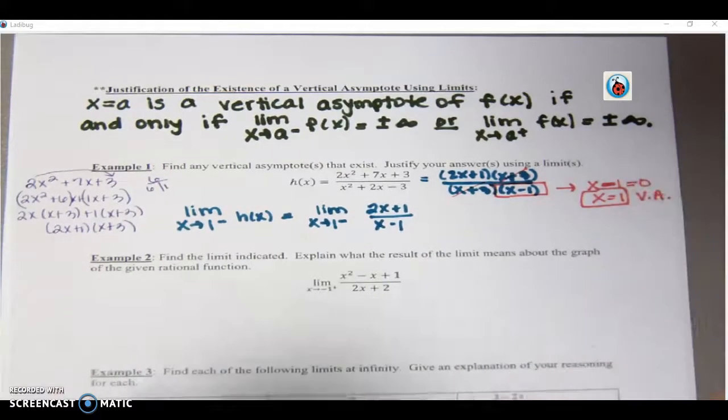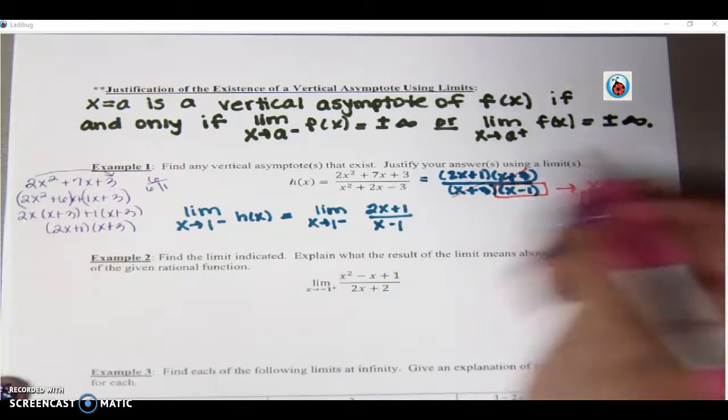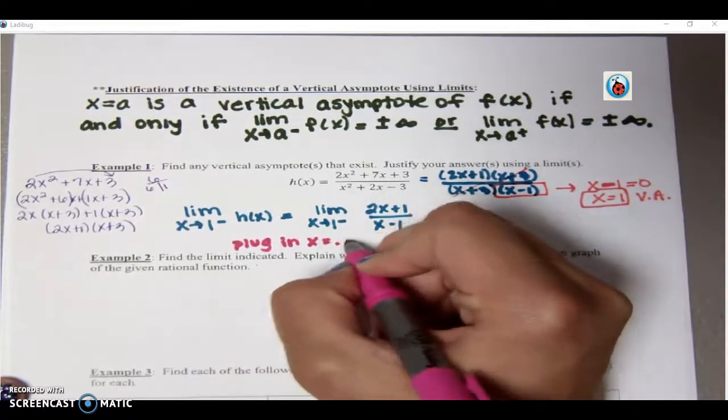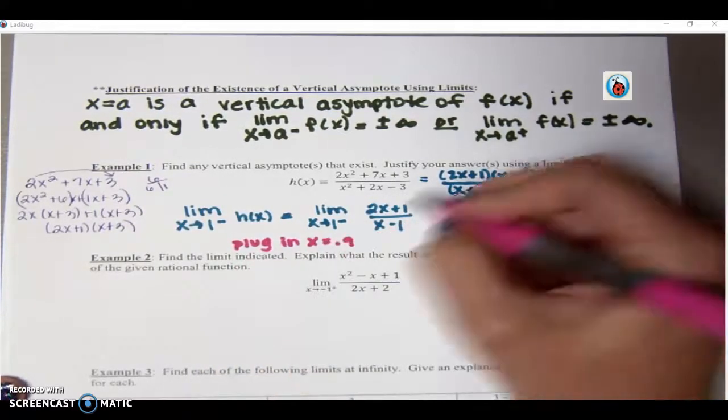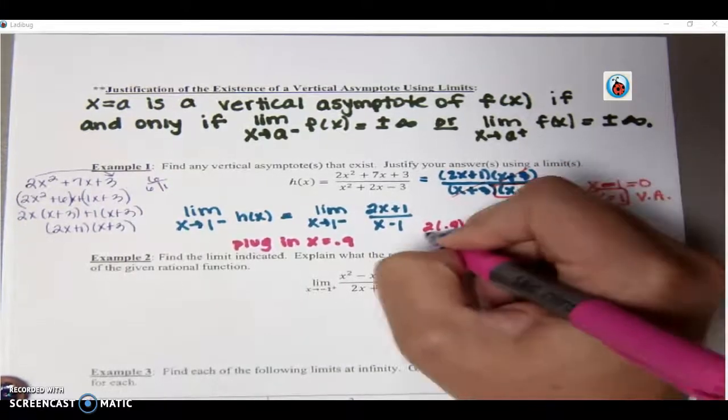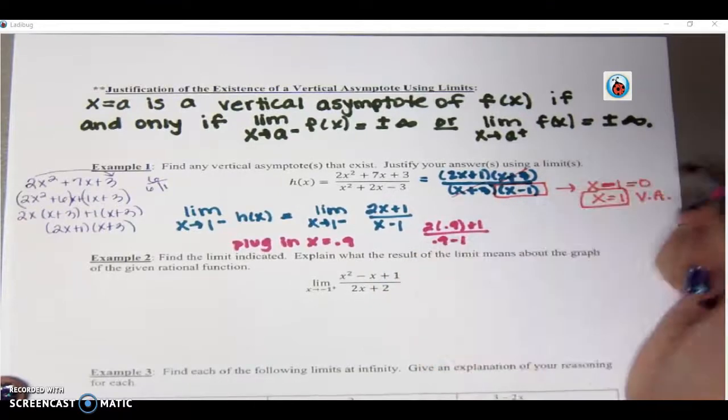So remember, to figure out if it's positive or negative infinity, you would plug in either a bigger or smaller number depending on what the problem's asking for. So because this says 1 from the left is the one that we picked, I'm going to plug in x equals 0.9. So I'm going to plug that in. So we'll have 2 times 0.9 plus 1 over 0.9 minus 1.